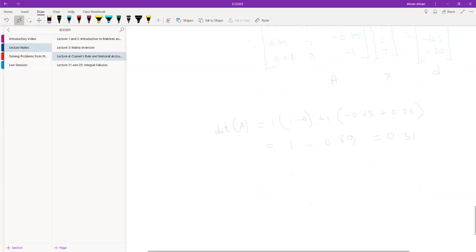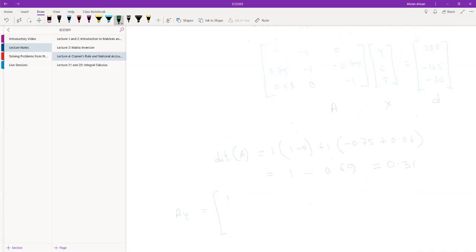Now we need to construct A_Y, A_C, and A_T. So A_Y is going to be 200, minus 125, minus 20, in the first column, with the other columns as minus 1, 0, 0, minus 0.75, minus 1.